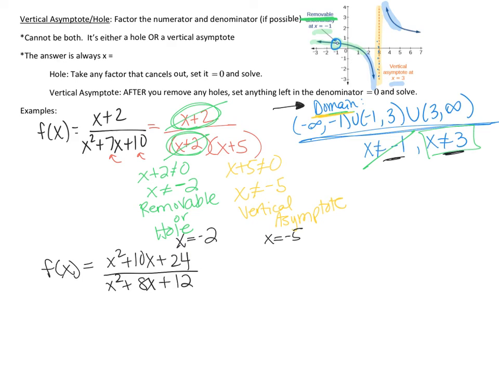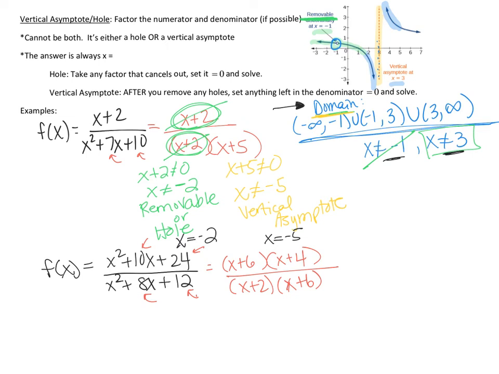So I'm going to start off by factoring the numerator, all right? So numbers that multiply to 24 and add to 10, that's going to be 6 and 4. Numbers that multiply to 12 and add to 8, that's going to be 2 and 6, right?